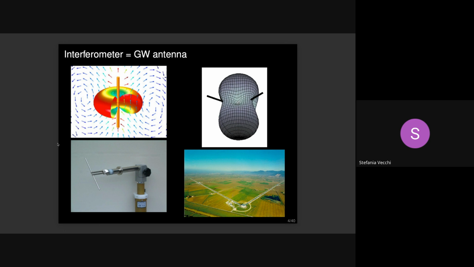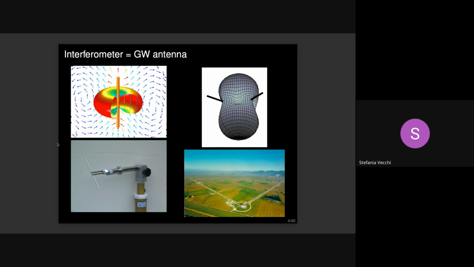Here is a simple electromagnetic antenna, which has a dipole characteristic antenna pattern. It is sensitive in the direction perpendicular to the antenna itself, and not very sensitive along the bar. Exactly the same thing happens with the gravitational wave antenna, but it's not a dipole but a quadrupole. This is an averaged characteristic of the antenna.